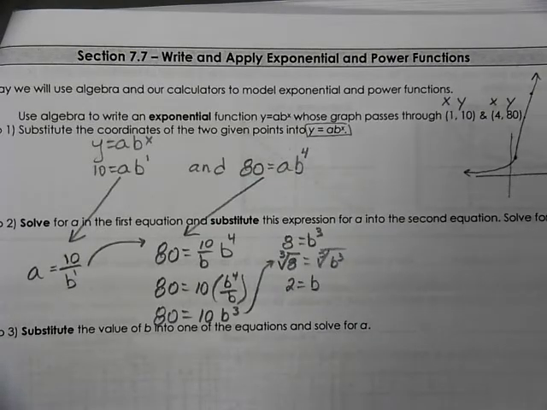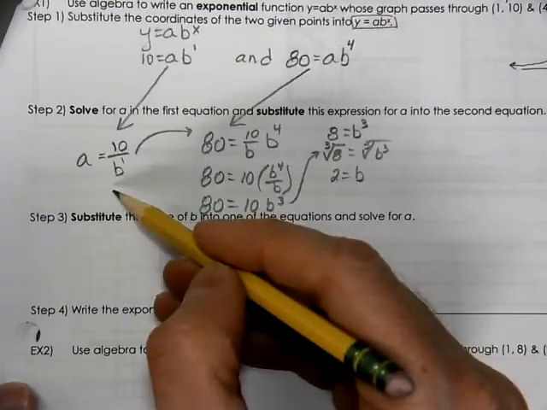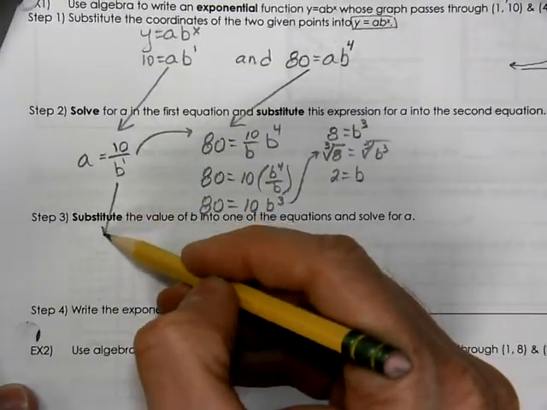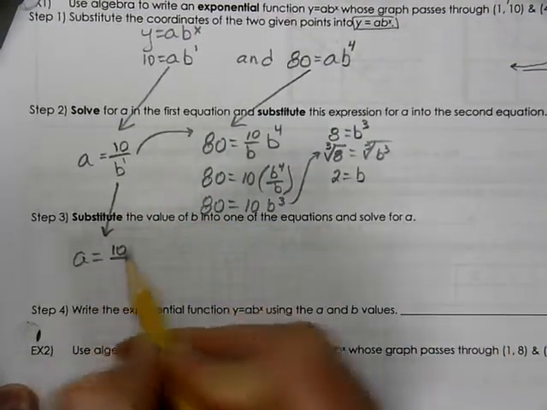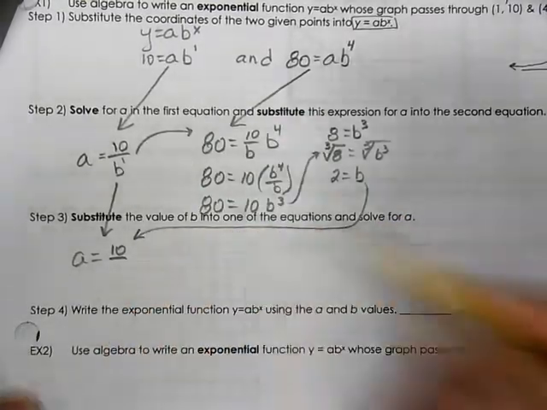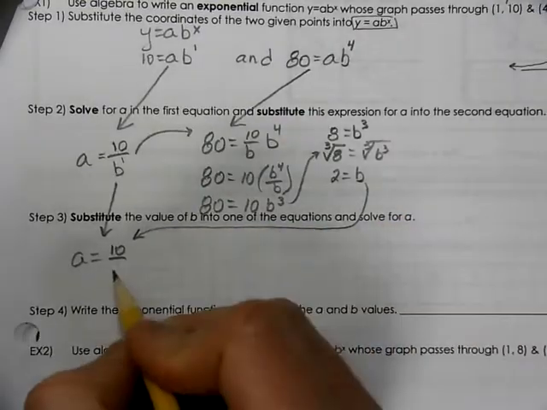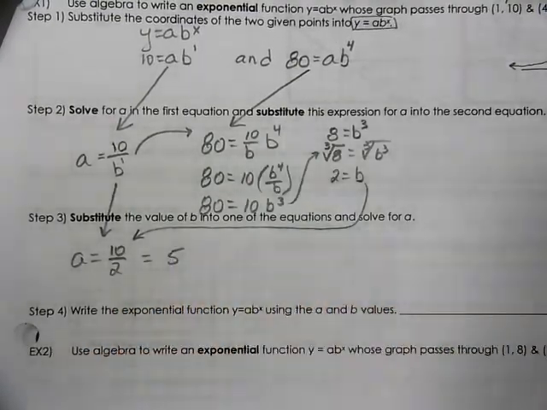Now we know what the b value is. So to figure out the a value, we'll bring down this equation, and we're going to bring through what the b value is. It's 2. So I know that this should be 5.